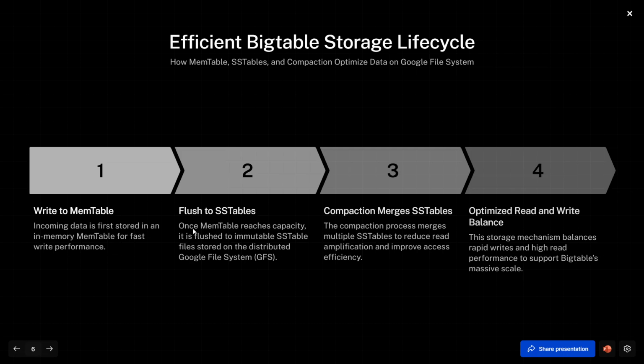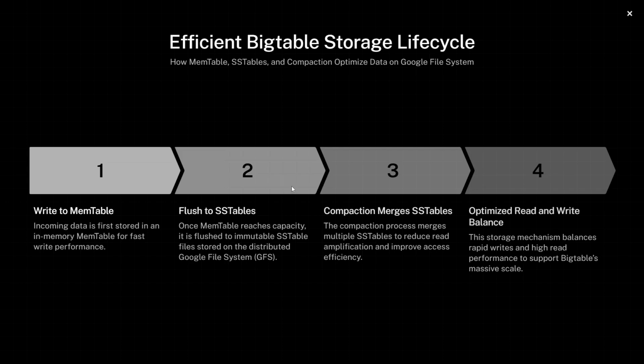Then the commit log: every write is appended to a persistent log in GFS for durability. Then flush to SSTable: once the memtable reaches capacity, it is flushed to immutable SSTable files stored on the distributed Google File System.